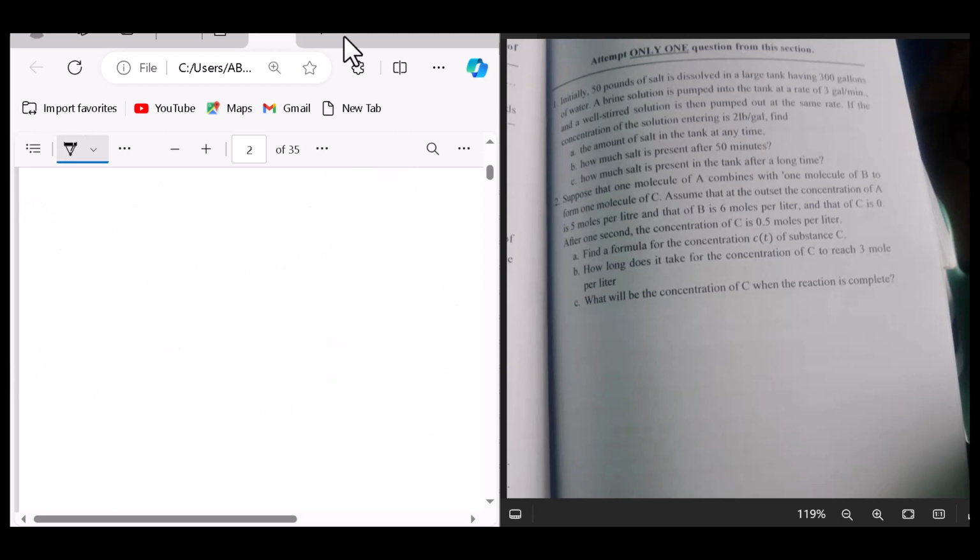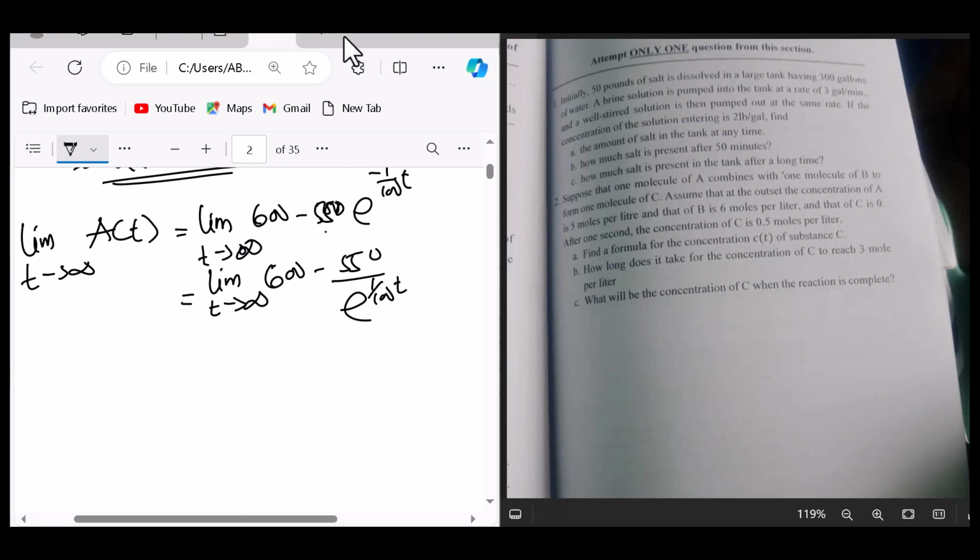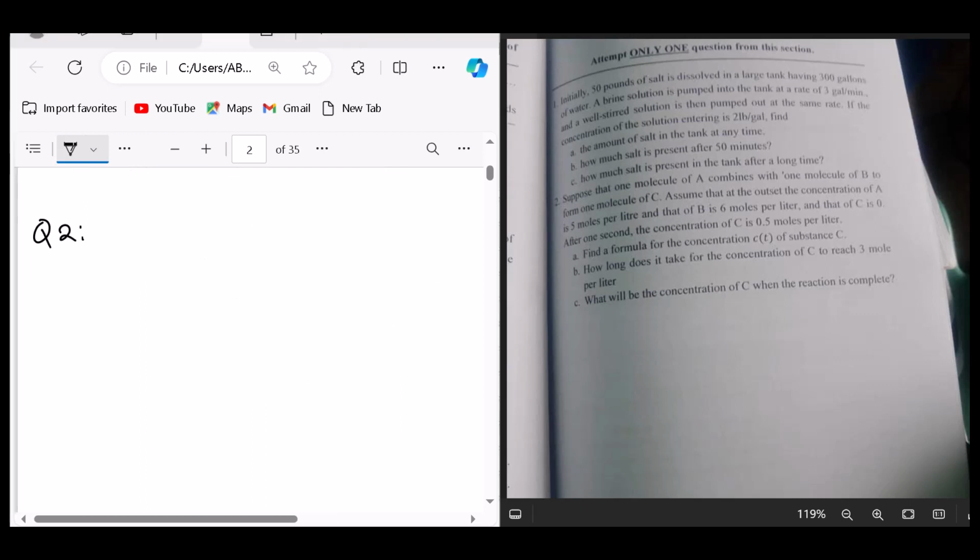As t goes to infinity, or becomes big, this thing will become very big, so the whole term will go to 0. And the limit of a constant is a constant, so we have 600 pounds. So after a long time, our amount of substance present will be 600 pounds. That's all for the first one.